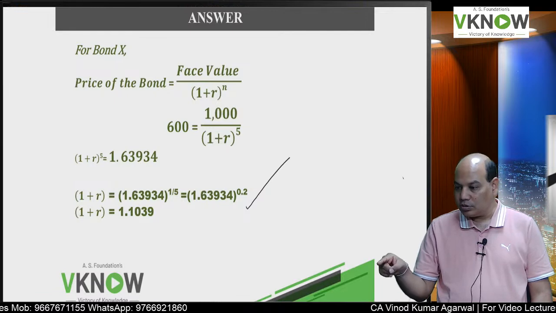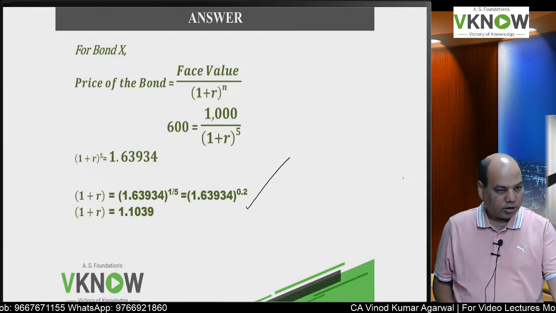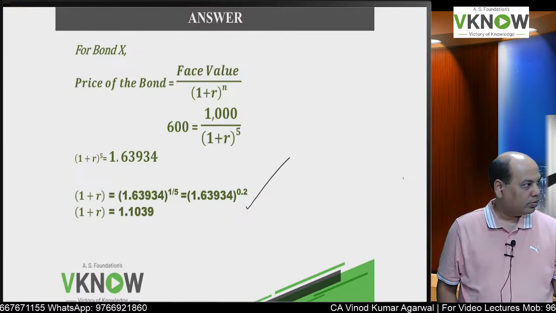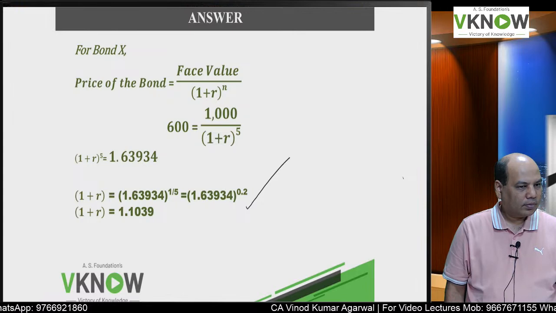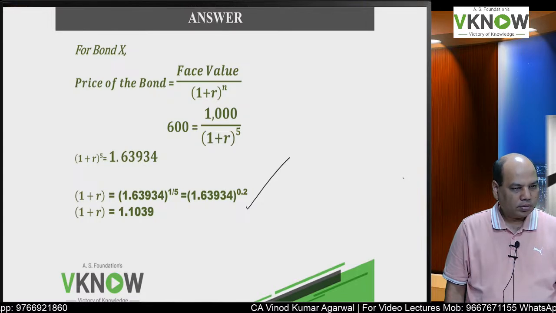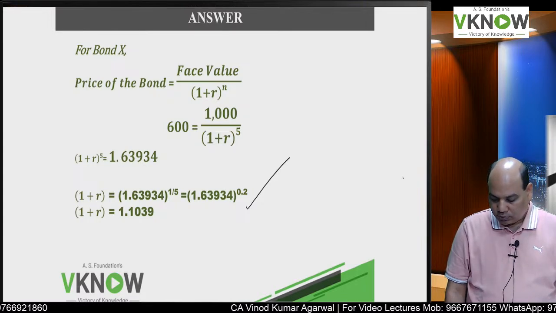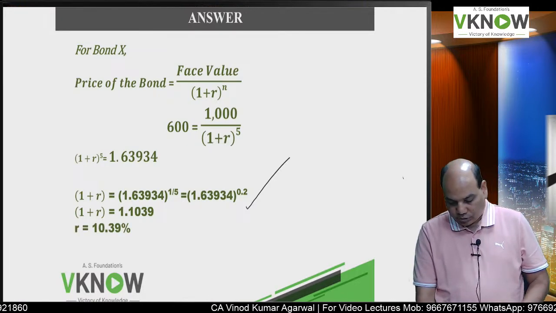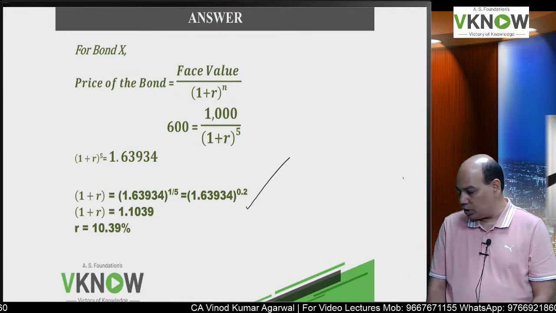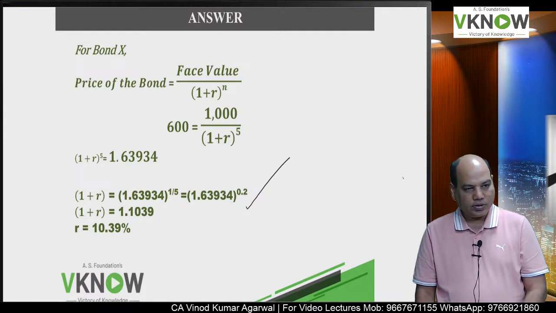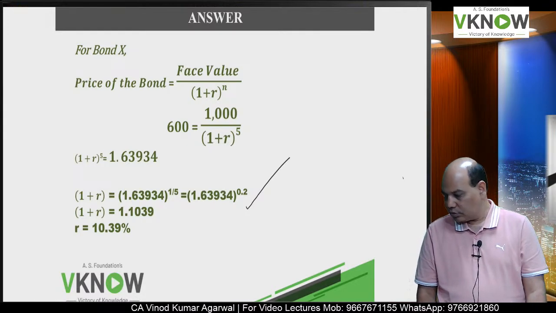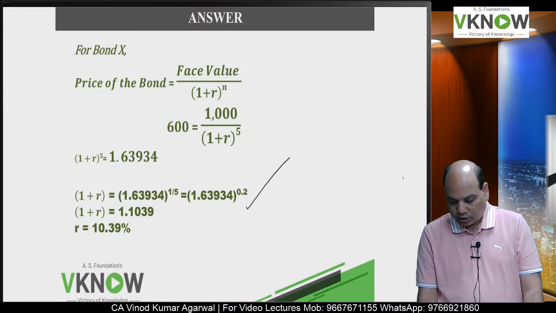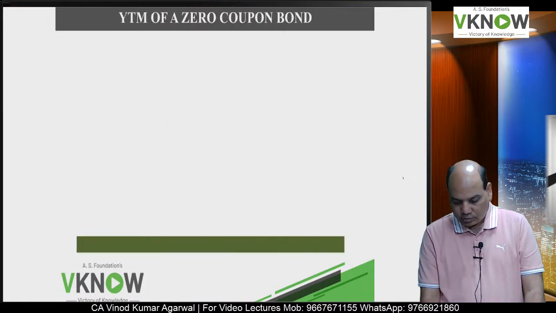Is it there in the question book? 1.1039, and then the answer is R is equal to 10.39%. Got it? Try the next one yourself.